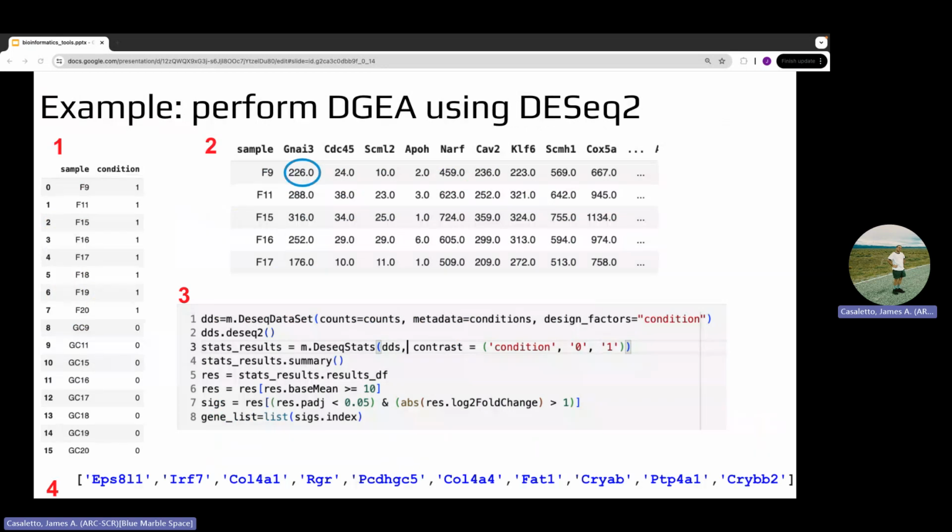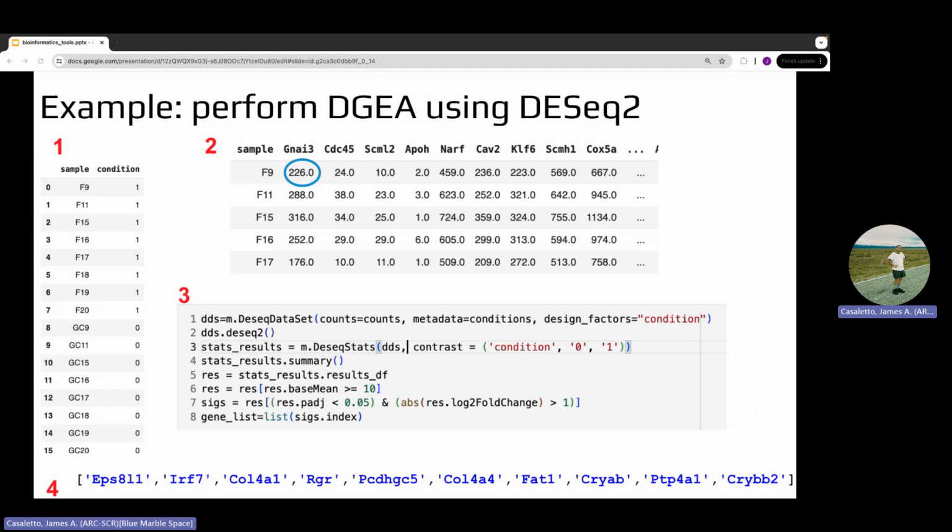Here's an example of performing differential gene expression analysis using DESeq2. In the first part, we show on the left a table that associates for each sample F9, F11, and so on up to GC20, a condition value of 0, meaning ground control in this case, or 1, meaning spaceflight. In part 2, we have our table of gene expression in which each row represents a sample.